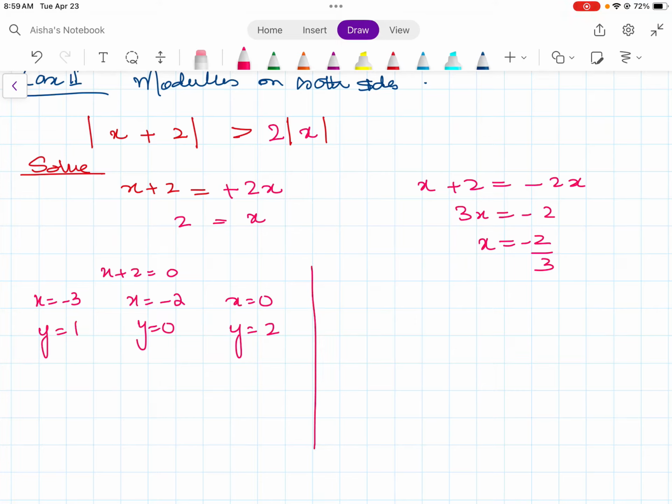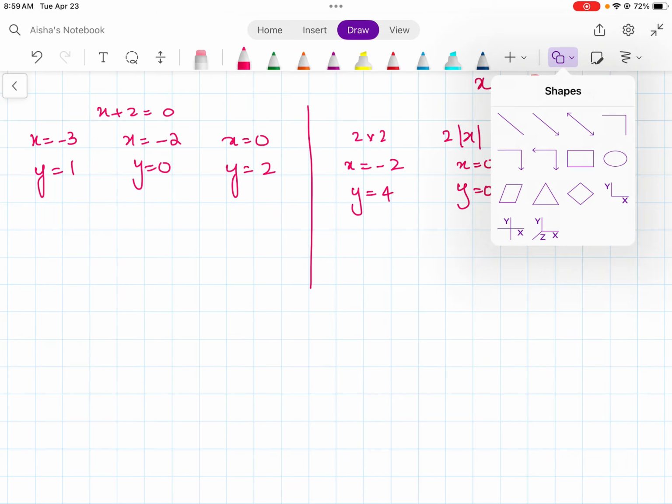Now next is 2x equals 0, so x equals 0, y equals 0. x equals 1, so y equals 2 because 2 into 1 is 2. Then x equals minus 2, minus 2 becomes 2, 2 into 2, y equals 4. Let's sketch it.